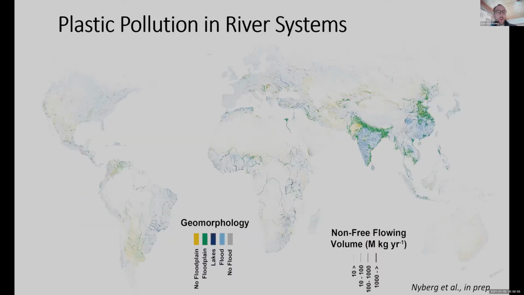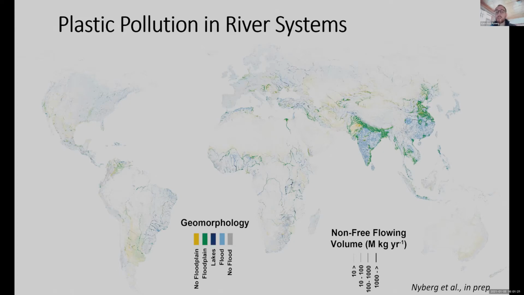But what we do know is that plastic pollution in our river systems impacts the entire world. And this is just a map showing the distribution of that. And it's absolutely amazing, the impact that we have. But we do see from this map, these green areas are these floodplain environments.